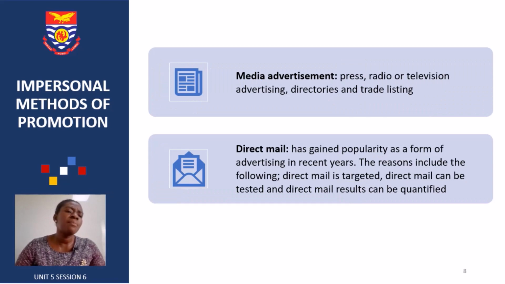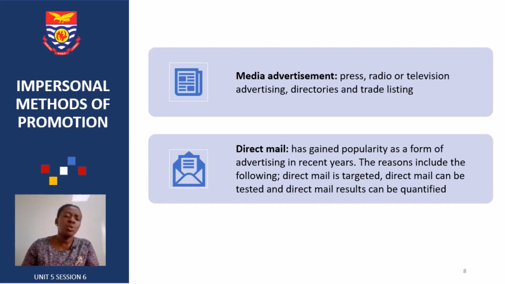Then we have the impersonal, where the people factor is reduced. When you do media advertisements on radio, TV, and so on, you realize that the people factor is no longer there. It is impersonal. So it's radio, TV, advertisements, directories, trade listings, and all those.